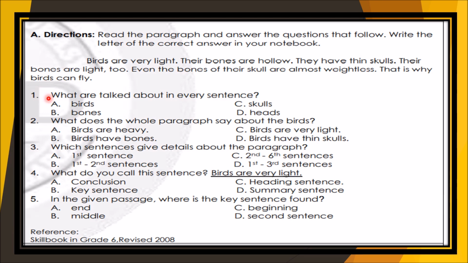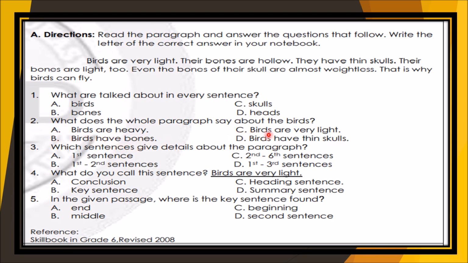The first question is, what is talked about in every sentence? A. Birds. B. Bones. C. Skulls. D. Heads. Okay. Next question is, what does the whole paragraph say about the birds? A. Birds are heavy. B. Birds have bones.